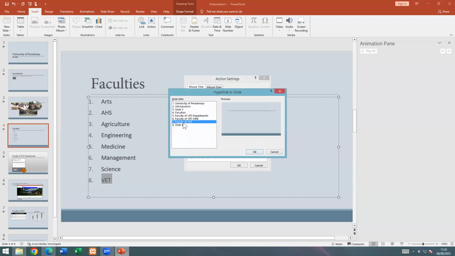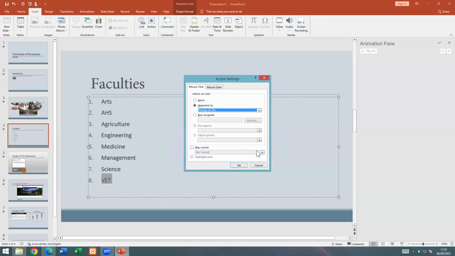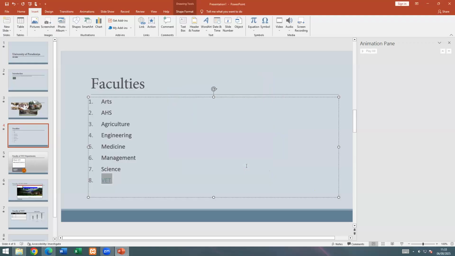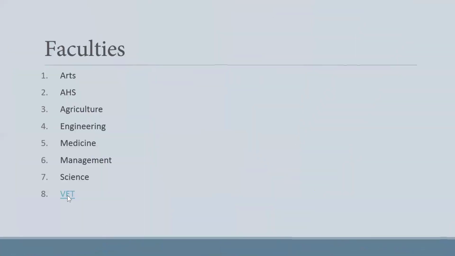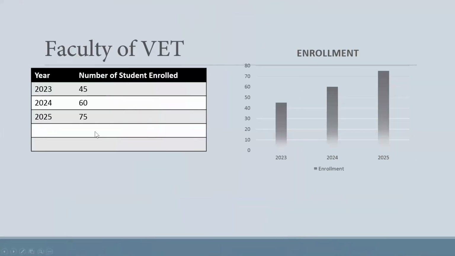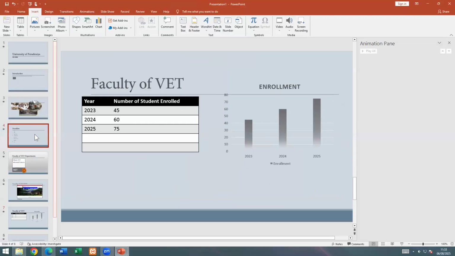You can select this 7th slide and press OK. Then let's play the slide and click it. You can see the 7th slide will appear, skipping other slides. It will jump to that slide. That is called actions.